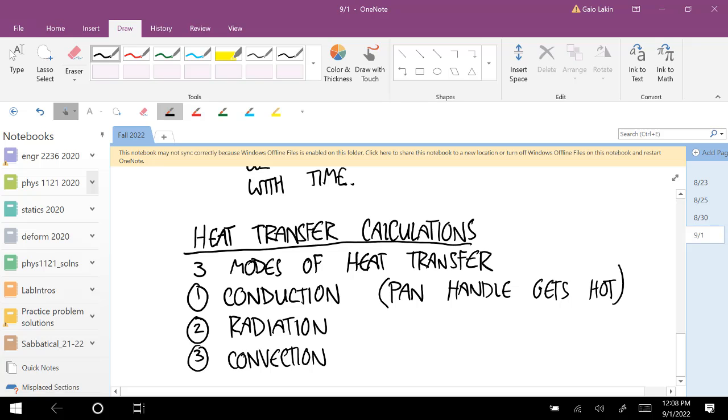You don't have the handle directly over the fire, but as you heat up the metal on the bottom of the pan, that heats up the metal surrounding it, and little by little the whole pan becomes hot. Radiation is how we get energy from the sun. That's the only one of these three that can transfer energy through a vacuum. Everything else needs some kind of medium to transfer energy through, and all of the energy on Earth is reliant on radiation from the sun.